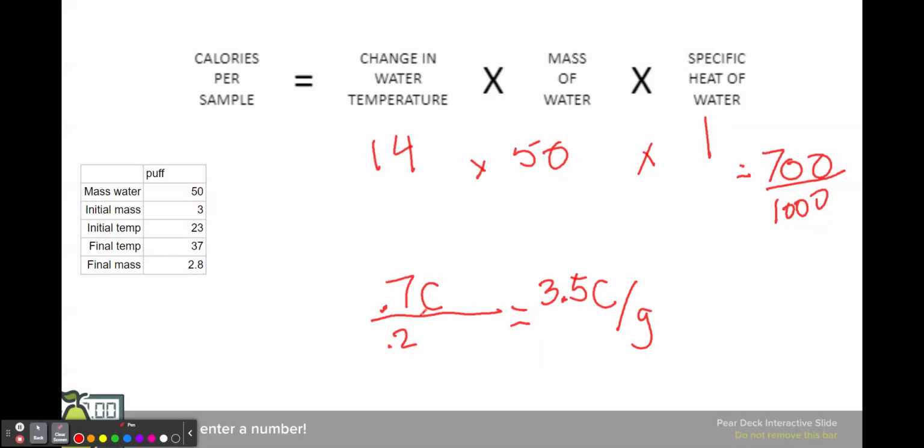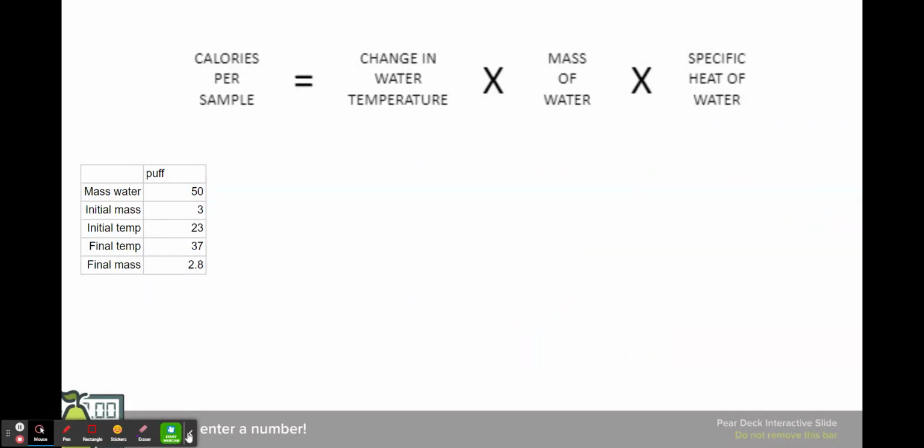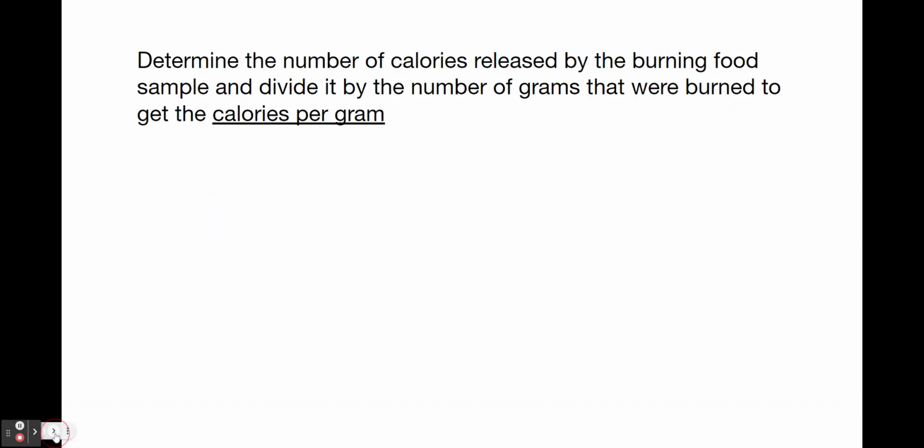Okay, so for the cheese puff, I do have to compare to the actual amount. So I found the calories per gram. Now I'm going to find my percent error. So my experimental value is 3.5 calories per gram.